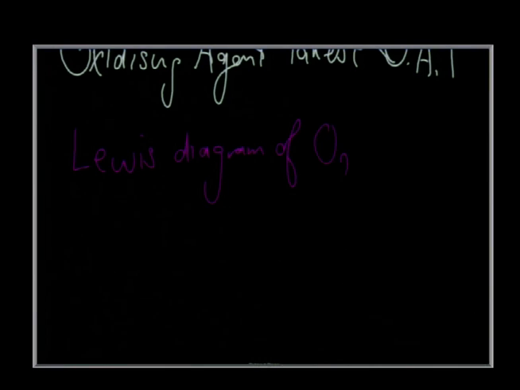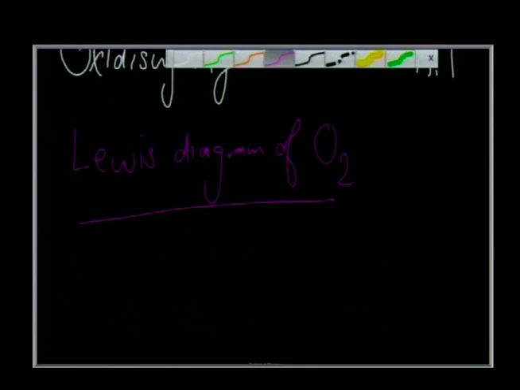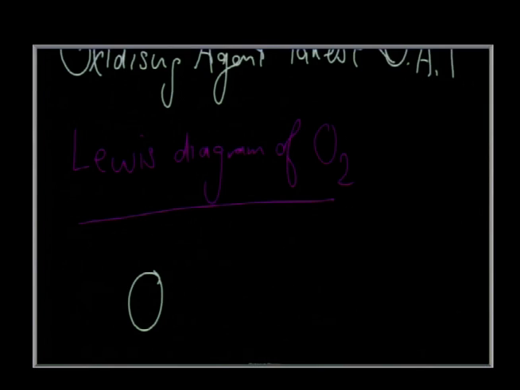Of O2. Now, we did the same one, just for the oxygen atom earlier. Remember, oxygen's in group 6, so there's 6 electrons, and 2 are lone pairs, and 2 have the ability to bond. They're unpaired. So these are the lone pairs over there, and we've got the other oxygen atom over here. I'm going to draw them as crosses.